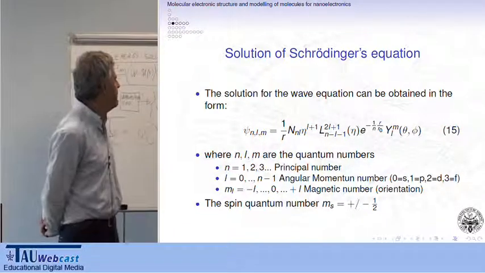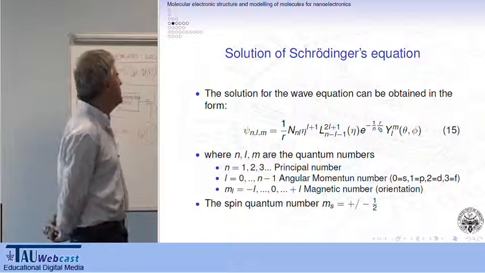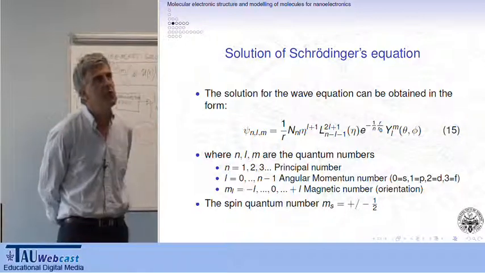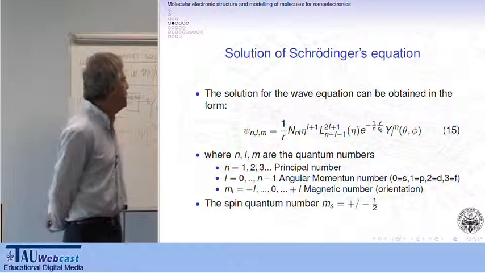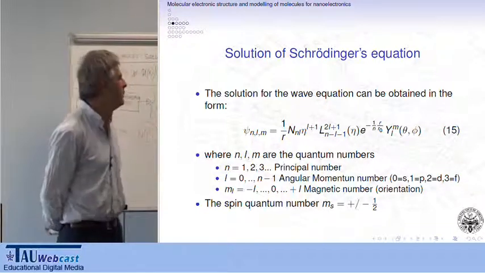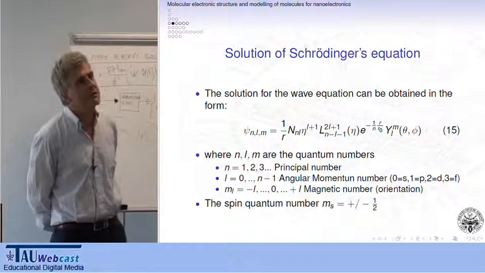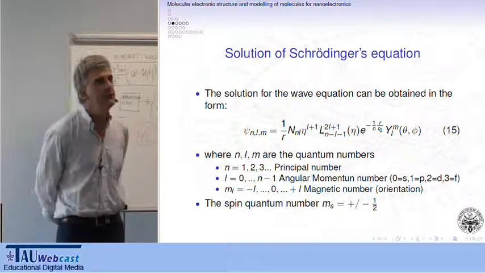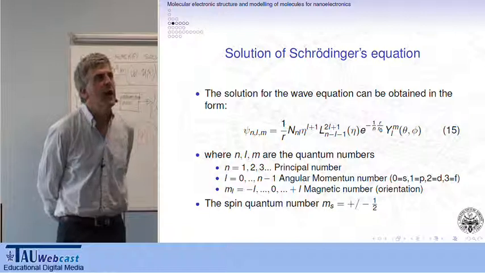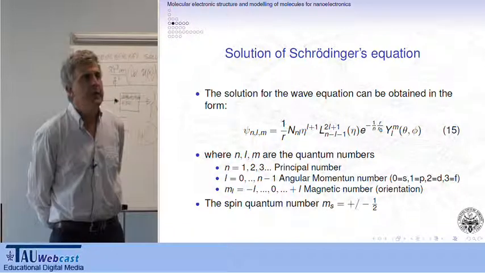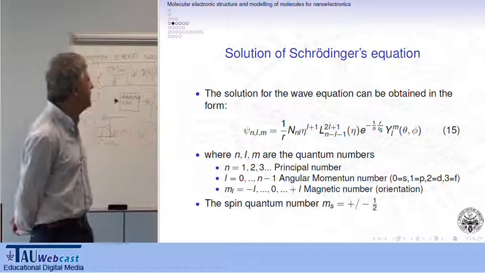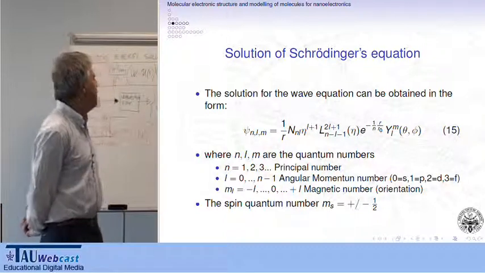These numbers are n, the principal number. This number is an integer, 1, 2, 3, and so on. L, the angular momentum number. This number is constrained in value starting from 0 to n minus 1. And the last number is the magnetic number, ML.